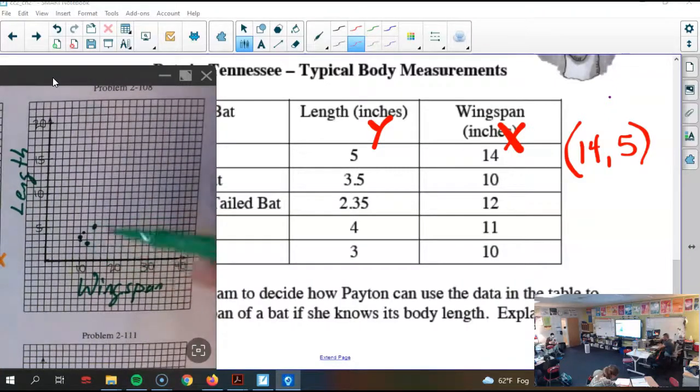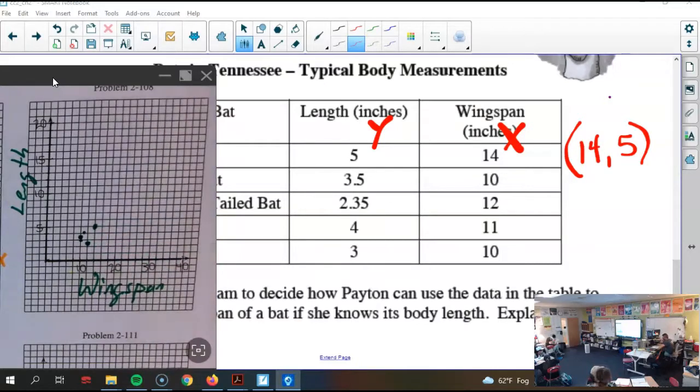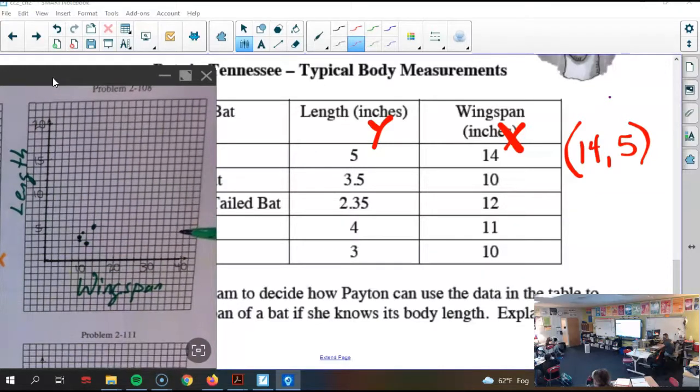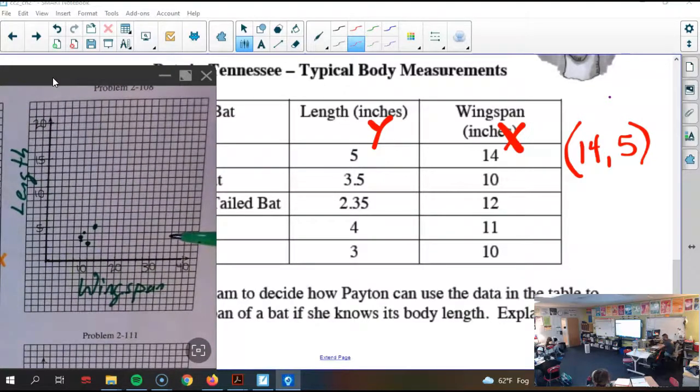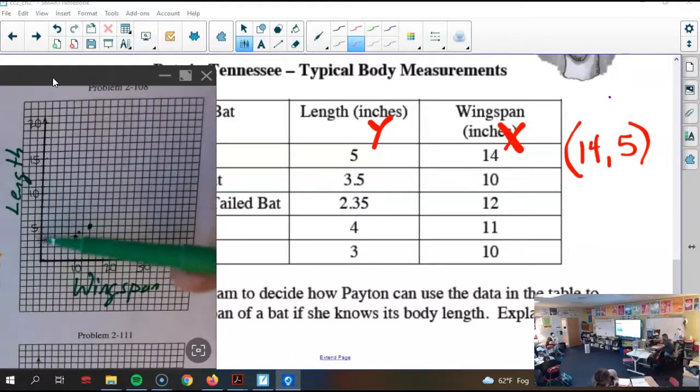What could I do to get these points to be not so tight, like on top of each other? I already did it once. I want to spread things out. I need to spread out my numbers.